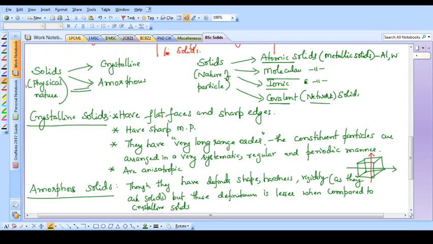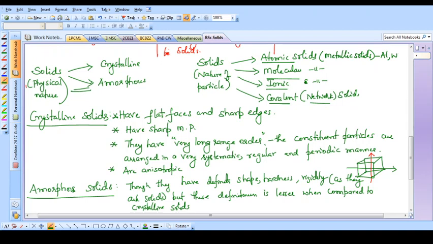For that you have to understand the metallic bond. Maybe students from physics background might have studied this metallic bond, or you may be studying it in your future classes in final year. What is metallic bond we will not stress here. Such type of solids are called metallic solids.